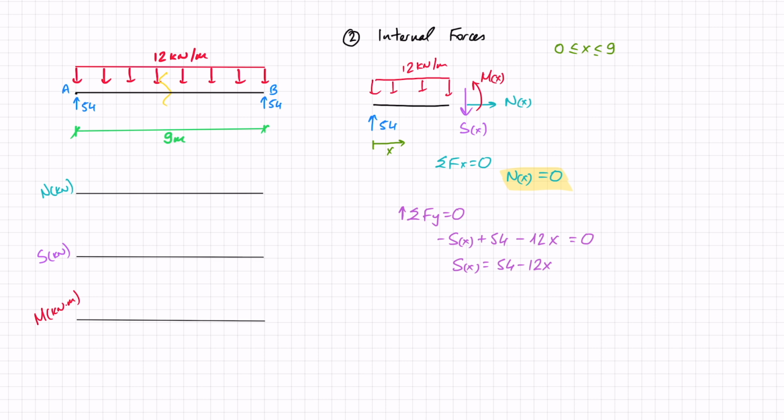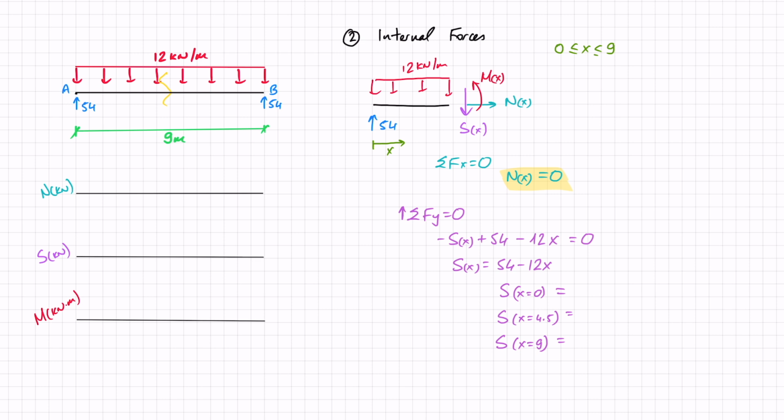And there might be a few places that I'm interested in. What happens, for example, at the support, right? So what happens when x equals 0? What happens in the middle when x equals 4.5 meters? And what happens at the very end when x equals 9?